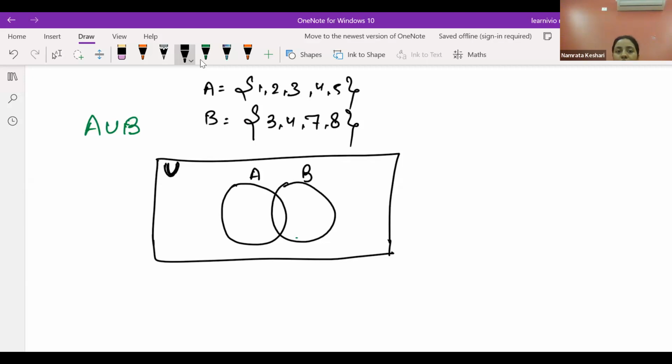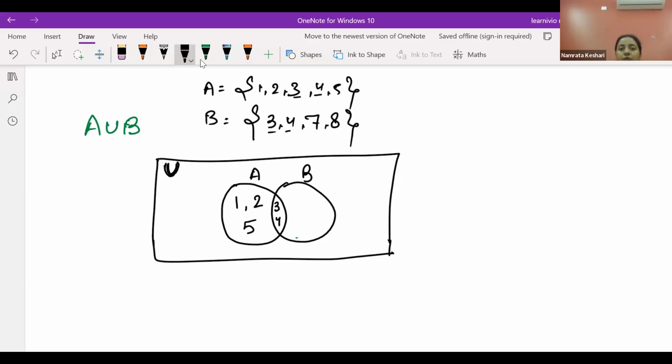Then we can see 3 and 4, these two are the common elements. We will write them over here. And the remaining from A, we will write: 1 is there in A, 2 is there in A, 3 and 4 are already included in A as well as in B, and 5 is there in A. Getting it? Manvi and Nabila, both of you.